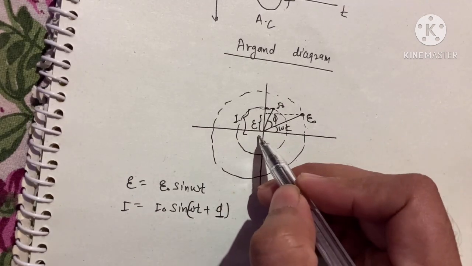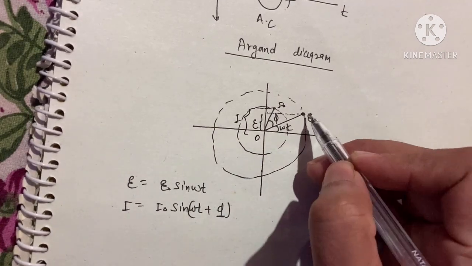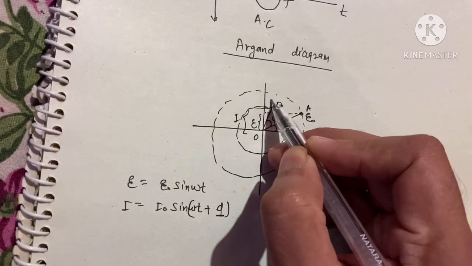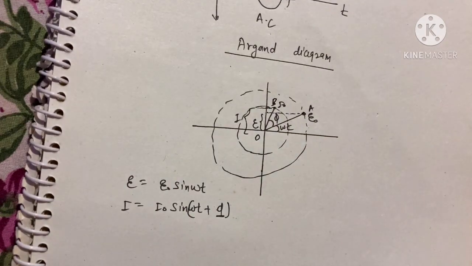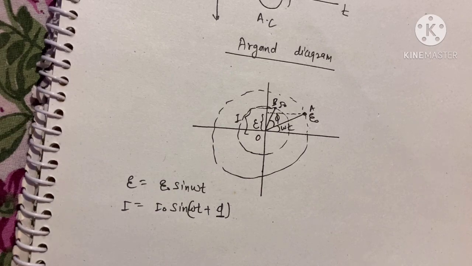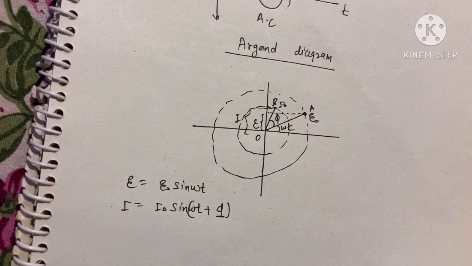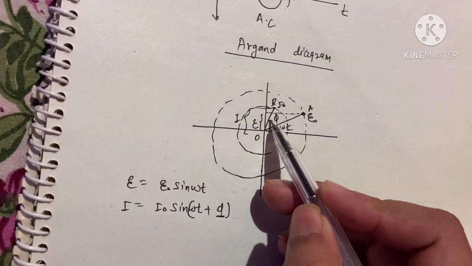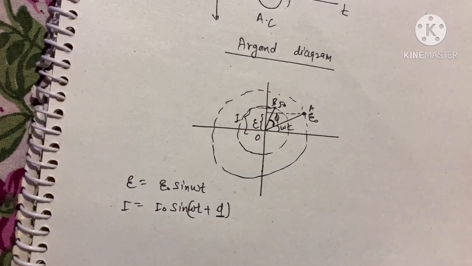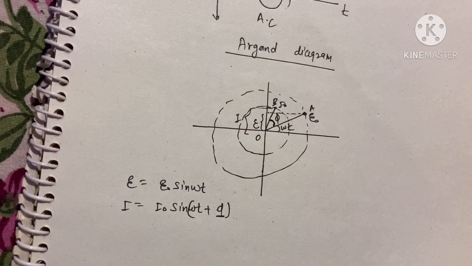Now suppose this line is O, this is A, this is B here. So OA represents the maximum value, that is the magnitude of EMF, and OB represents the magnitude of current. This is how we represent the phasor diagram, and this angle is called the phase angle between current and voltage.